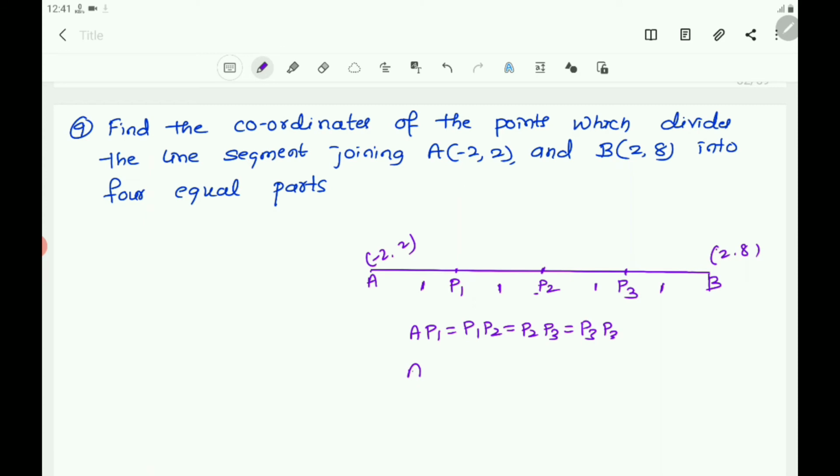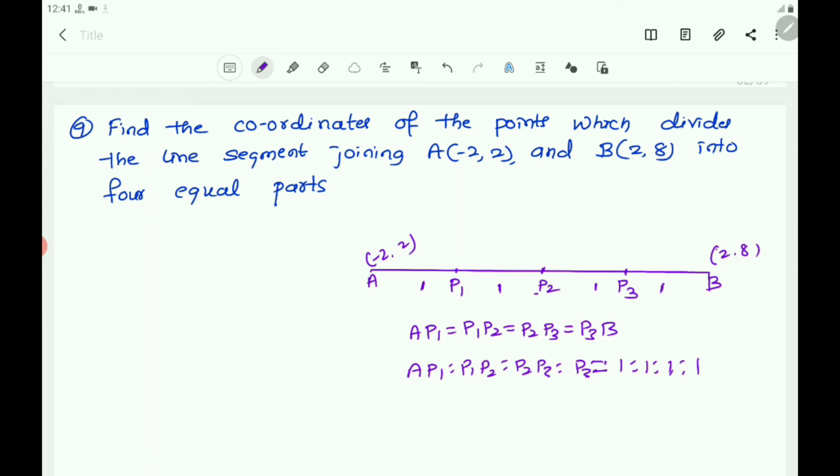Means you can take AP1 is to P1P2 is to P2P3 is to P3B is what? 1 is to 1 is to 1 is to 1.